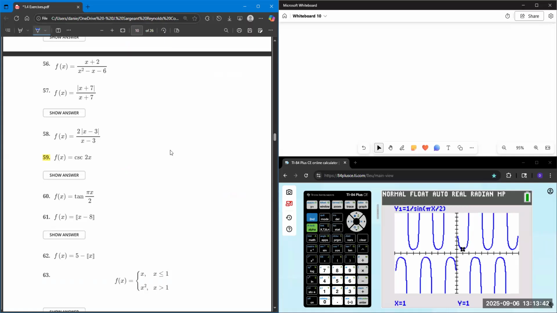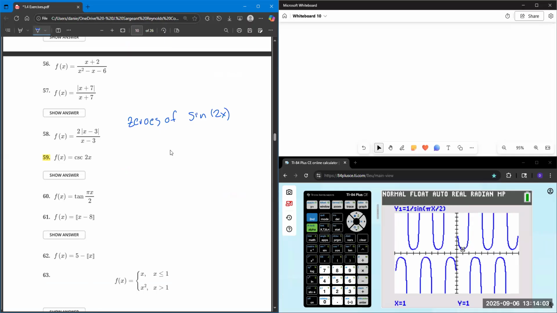Cosecant of 2x is going to have discontinuities at the zeros of sine 2x. So sine has zeros at 0, pi, 2 pi, and so on.